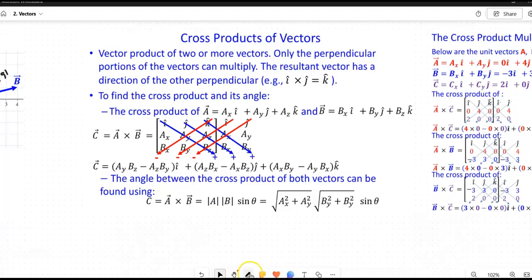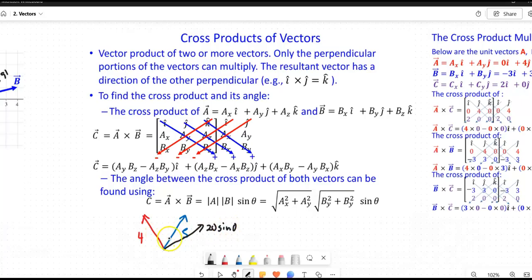Just like we did last time, if we had a vector A that was 4, and we multiplied it by vector B, which we know was 5, we would end up getting a third vector in the Z direction, which would be 4 times 5, which would be 20 sine of theta, right?